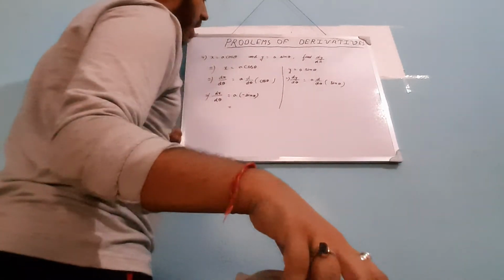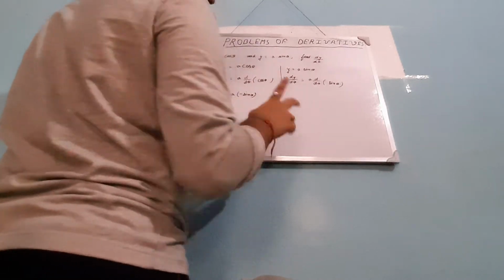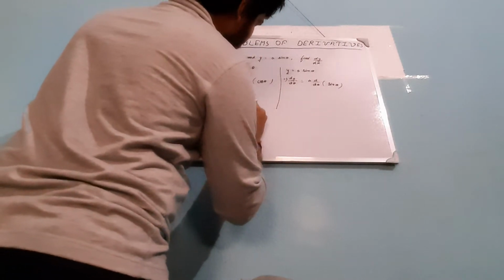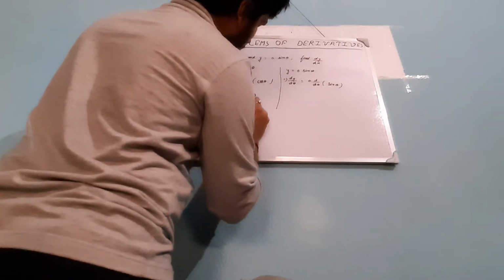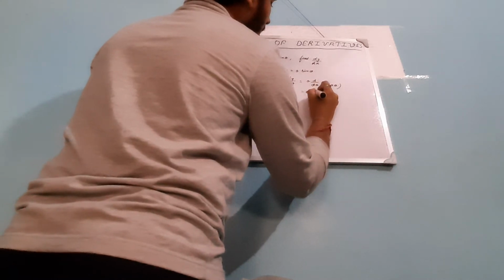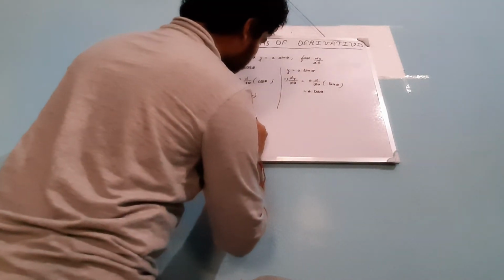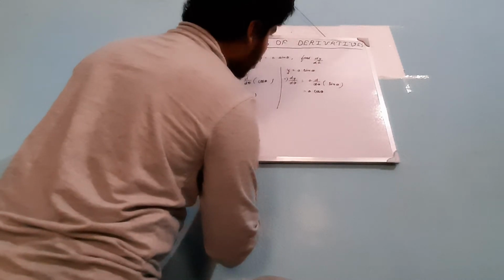It will be a of minus sin theta. Oh, it is the same, it is right. Minus a sin theta. And this is a into d by d theta of sin theta, which will be a into cos theta. You know the formula: d by dx of sin x is cos x. In the previous problem I had done the same.